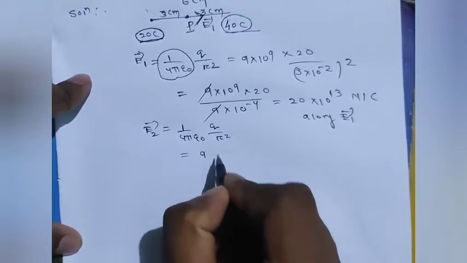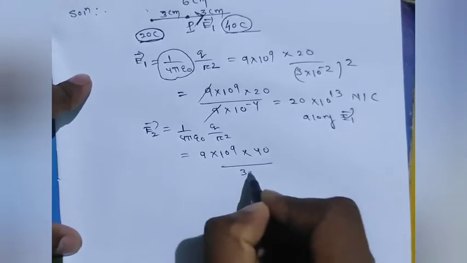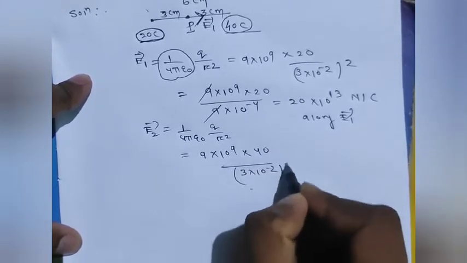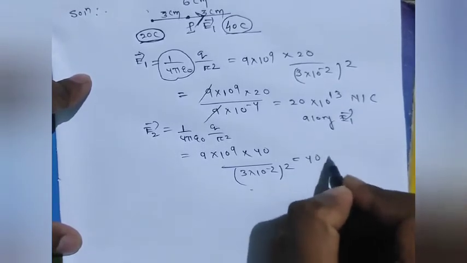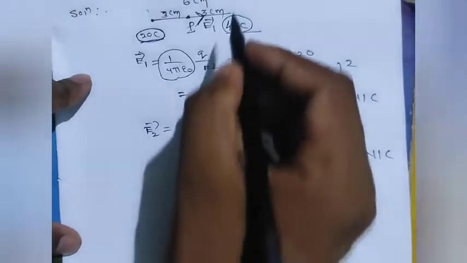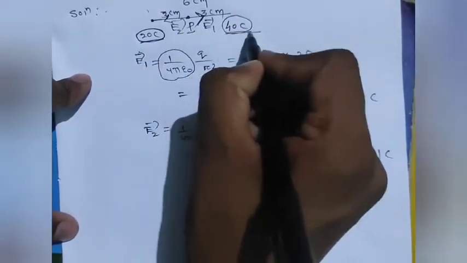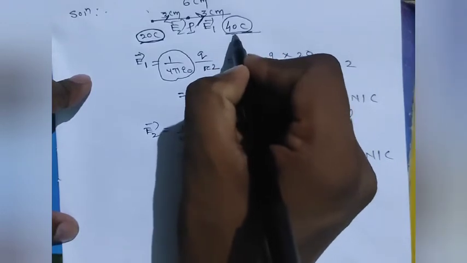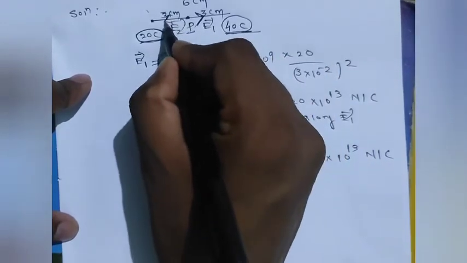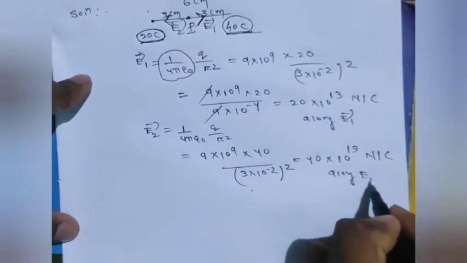It will be simply 9 into 10 to the power 9, Q is 40 coulomb and R is 3 into 10 to the power minus 2 square. So it will be 40 into 10 to the power 13 Newton per coulomb, and it will be directed along this direction because 40 coulomb is a positive charge. For positive charges the electric field is directed outward, so along E2.